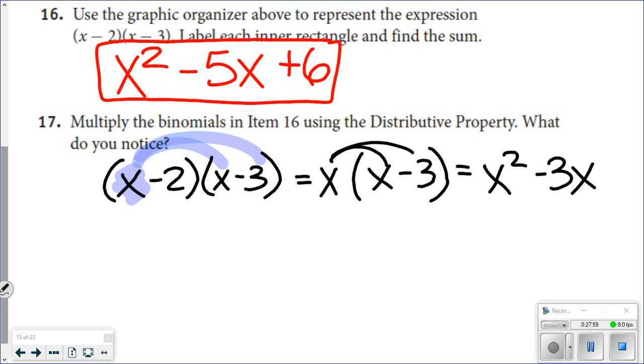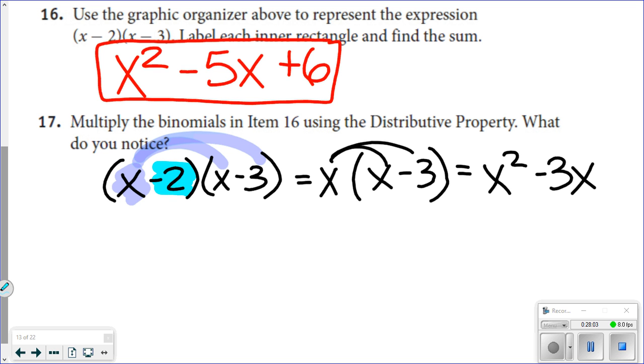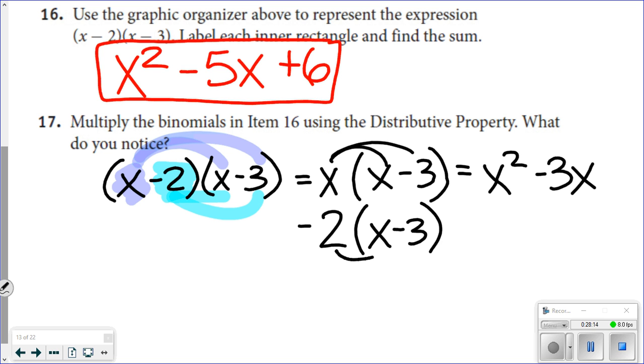And I'm going to make a second line because I'm kind of running out of room here. Negative 2, bear with me, this is going to get easier, I promise. Negative 2 times the second set of parentheses. So we get negative 2x and a positive 6.